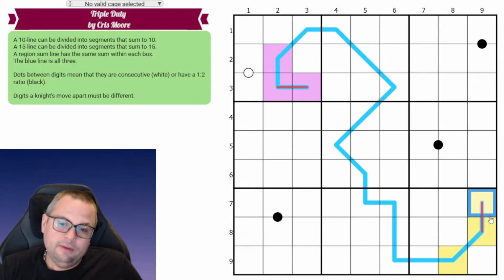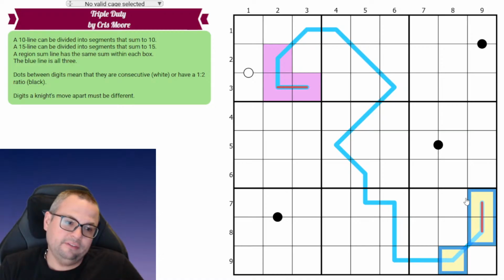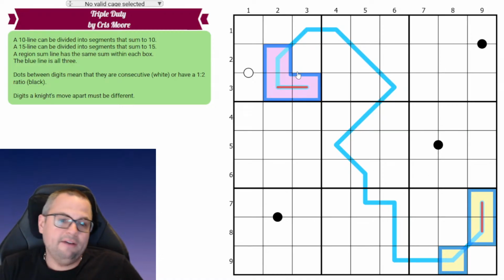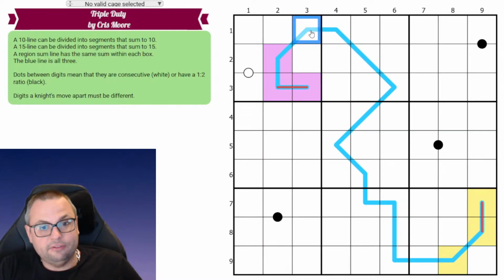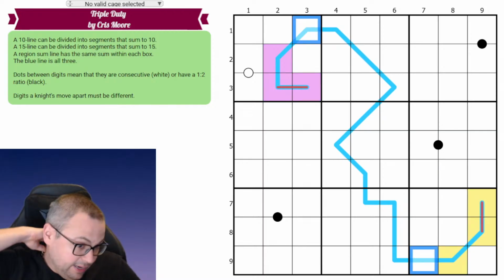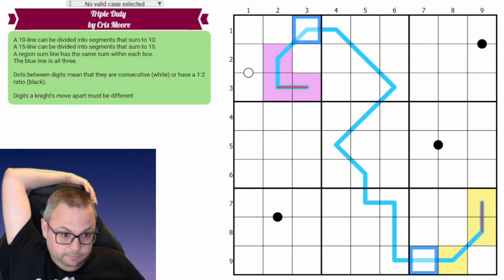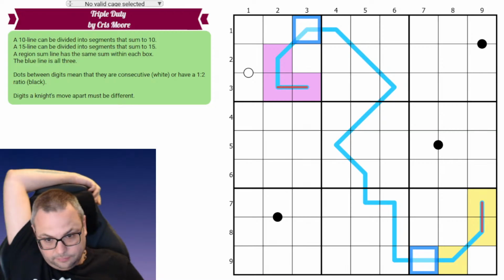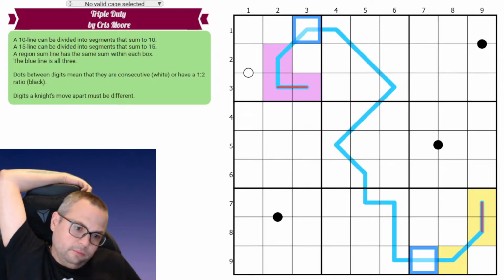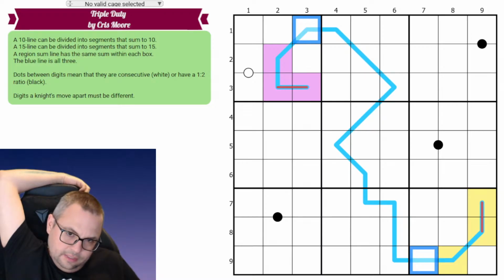I guess in that case, if the sum is 12, we would have to have that these are each a sum to 10, and then these are both 2. Which is a little bit odd, I suppose.